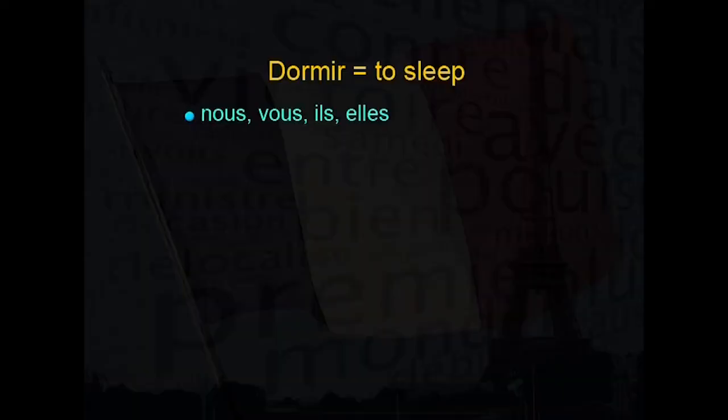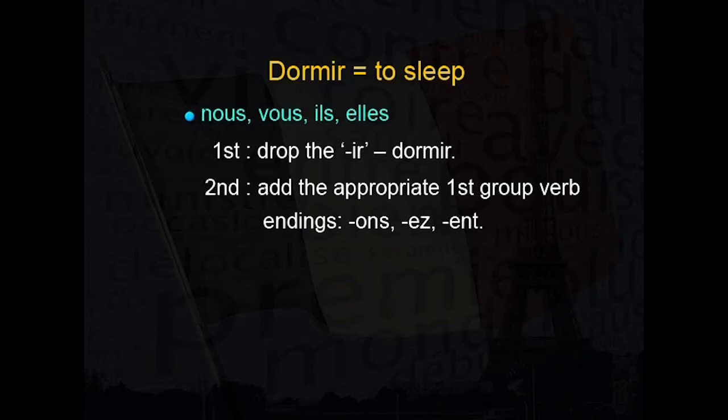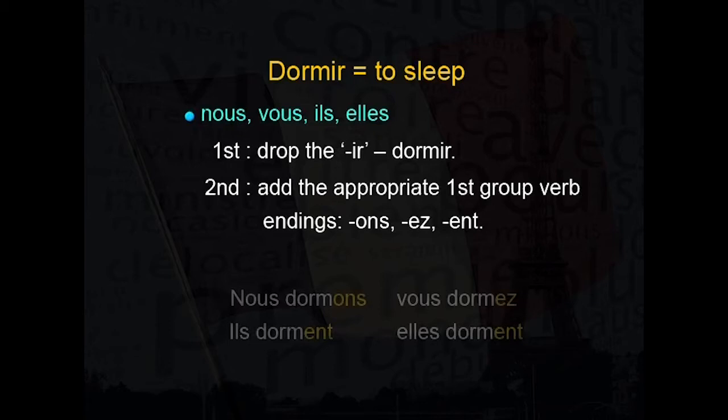As you can see, the IR ending along with the previous consonant have been removed. Now I'll show you how to conjugate for the nous, vous, ils and elles forms. We again drop the IR ending and we add the appropriate first group verb endings ONS, EZ, ENT. Here's the complete conjugation. Nous dormons, vous dormez, ils dorment, elles dorment.